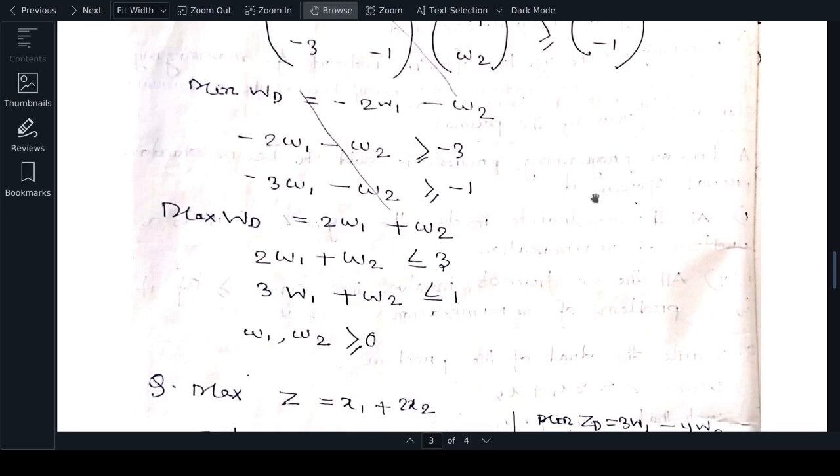So max ZD will be 2W1 plus W2, with constraints 2W1 plus W2 less than or equal to 3, and 3W1 plus W2 less than or equal to 1, W1 comma W2 greater than or equal to 0.